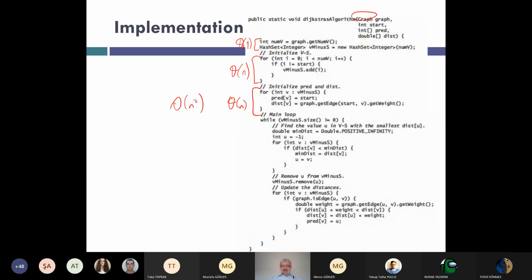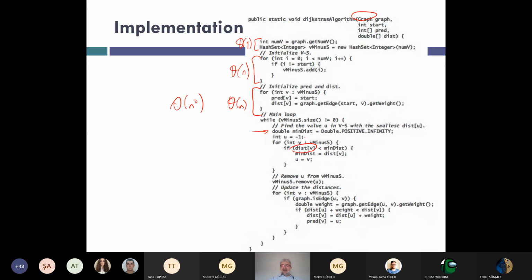And other than that, we have a while loop here, which will iterate n times, right? And we keep a minimum distance, which is infinity at the beginning, and we have a for loop here for all vertices in V minus S, okay?